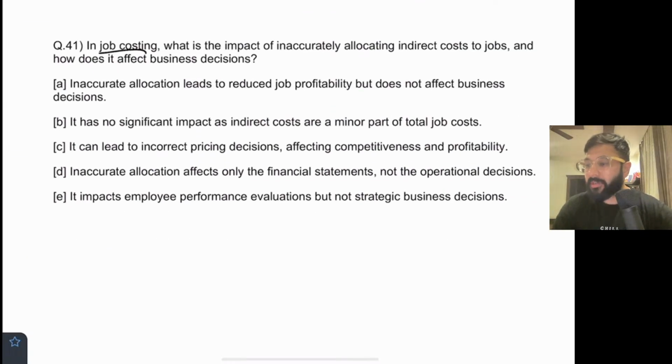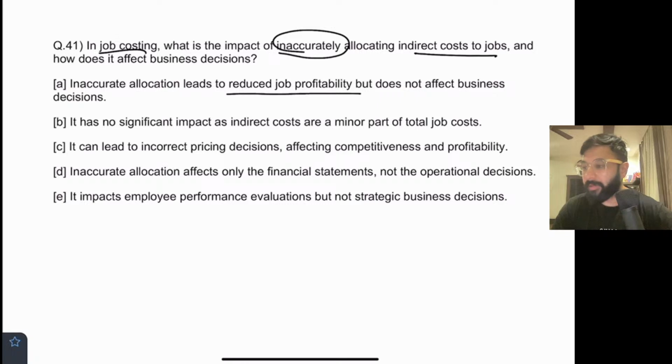In job costing, what is the impact of inaccurately allocating indirect cost to jobs and how does it affect business decisions? अब हमने inaccurately indirect cost जो है वो जॉब में डाल दिया. Inaccurate allocation leads to reduced job profitability but does not affect business decision.